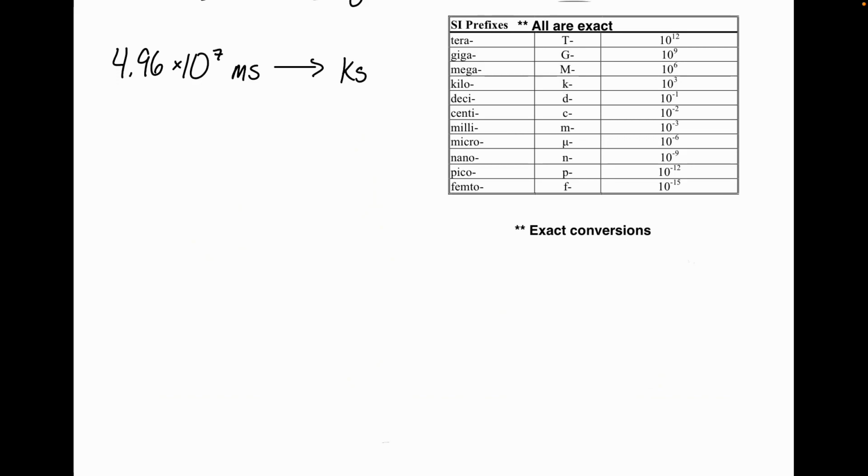Okay? So I'm not just jumping from milliseconds to seconds, I'm now going from milliseconds to kiloseconds, so from one metric prefix to the other. So how do we deal with this?